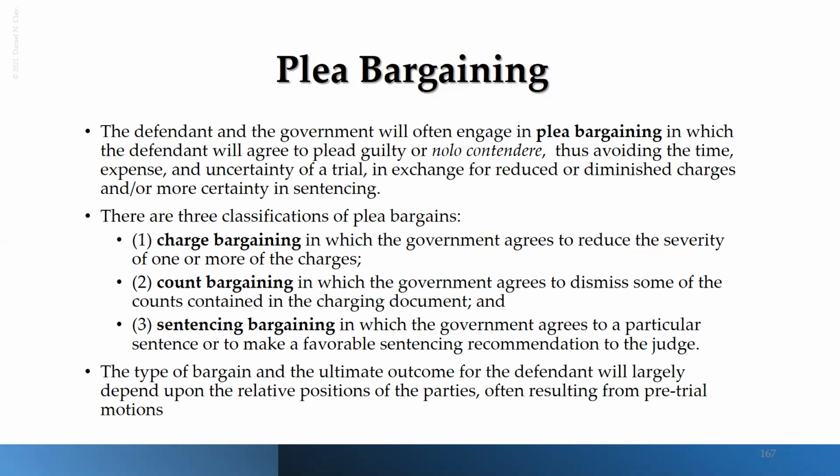So it really depends upon how the bargaining and even the pretrial motions are handled as to what the sentence and even the guilt or the innocence of the person will ultimately be decided.